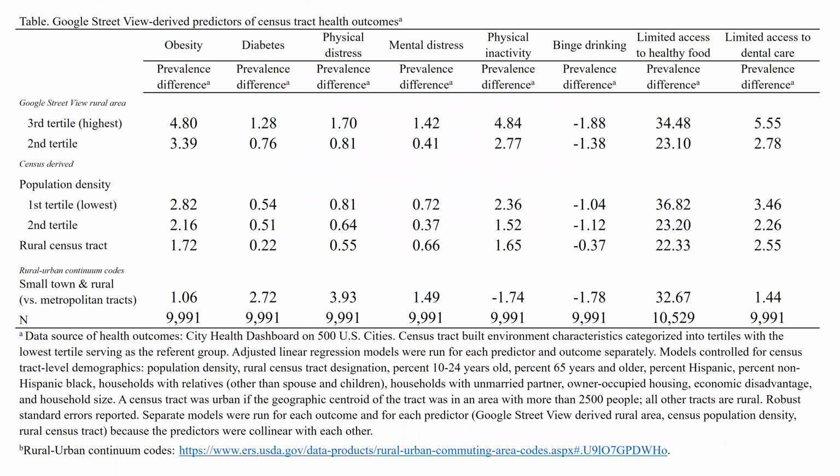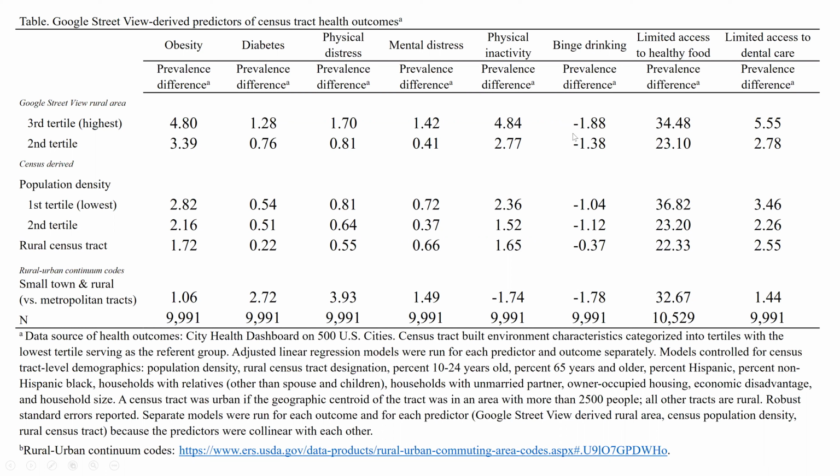So the rural area indicator derived from Google Street View images was related to increases in obesity, diabetes, physical distress, mental distress, physical inactivity, limited access to healthy food, and limited access to dental care. It was related to lower binge drinking.